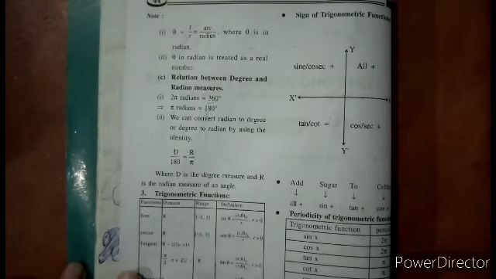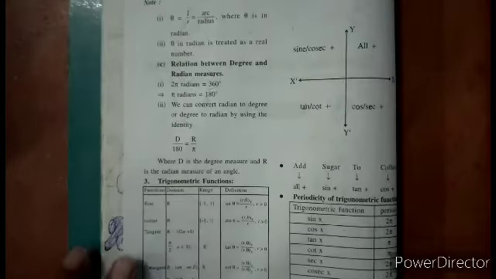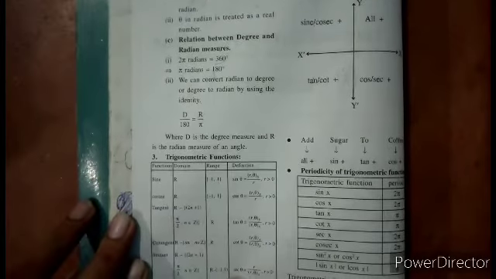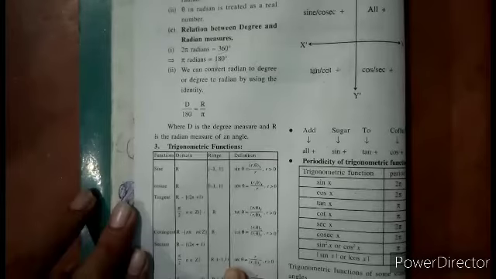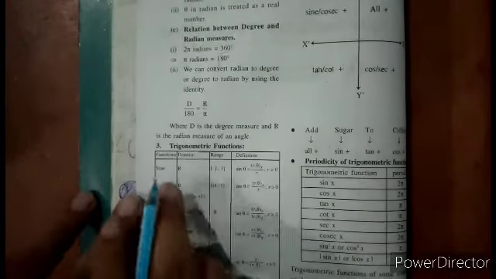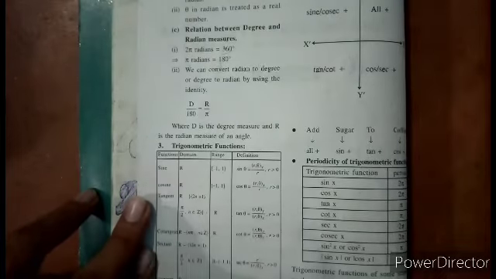Then come to the domain and range. First of all, for sine, the domain is all real numbers.